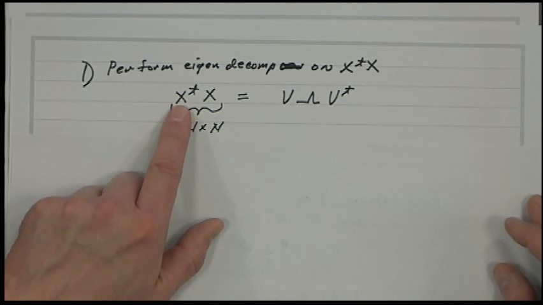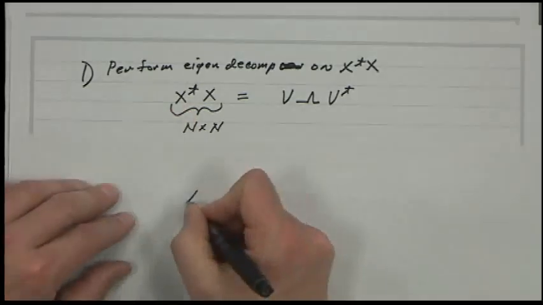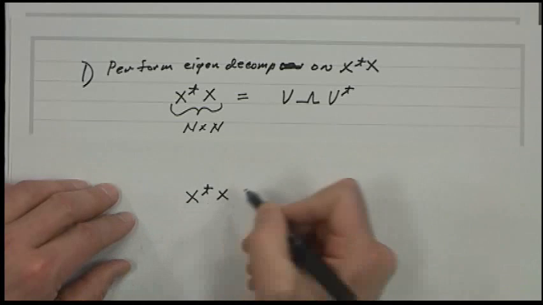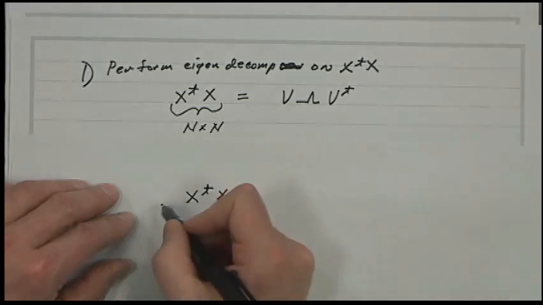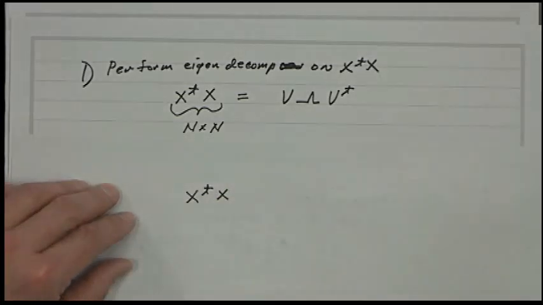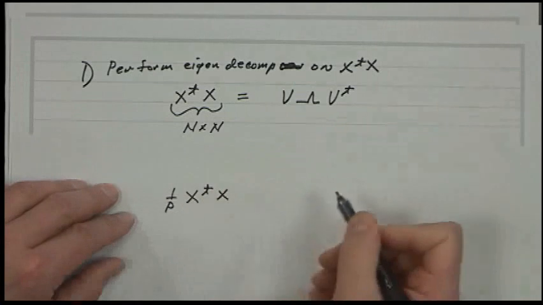Because it's X transpose X divided by P.